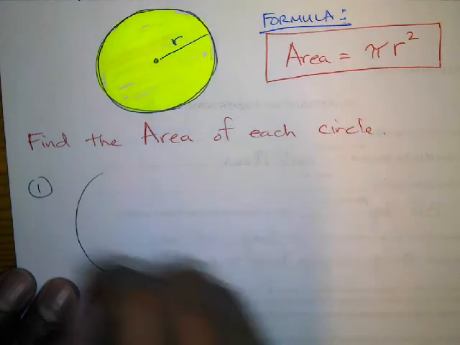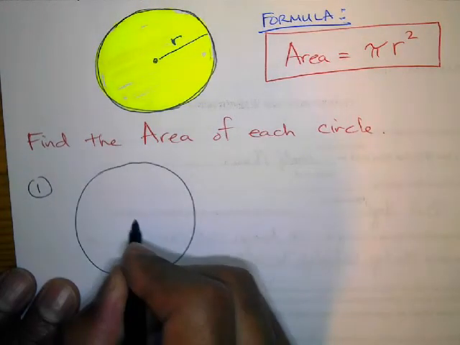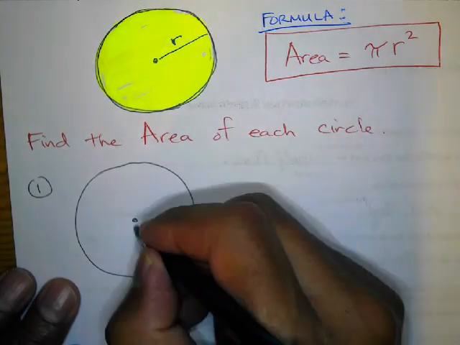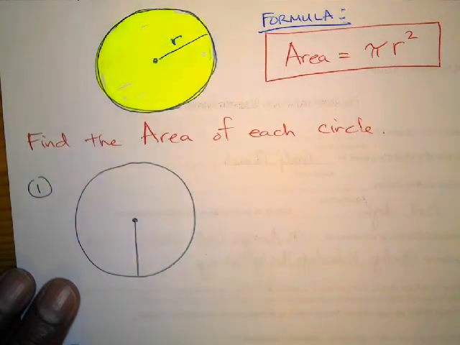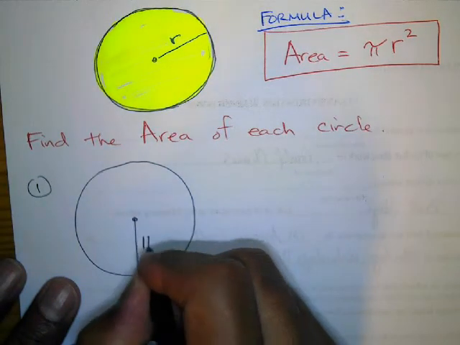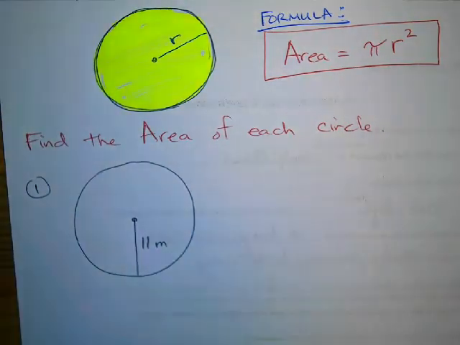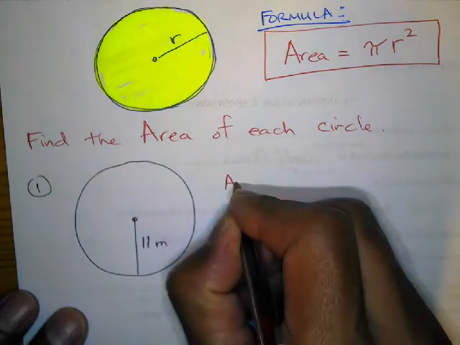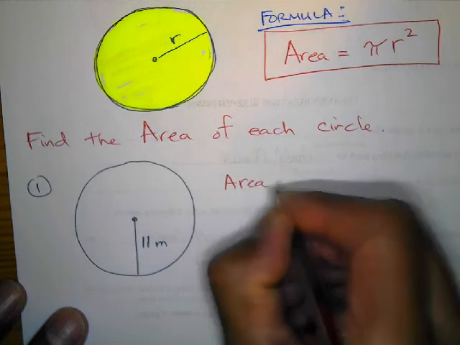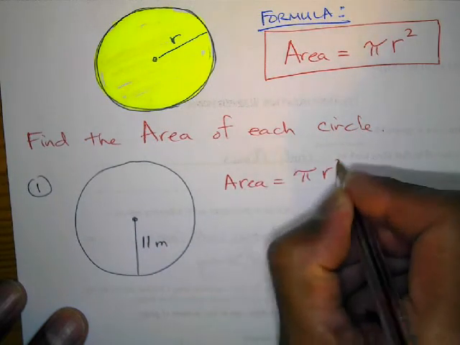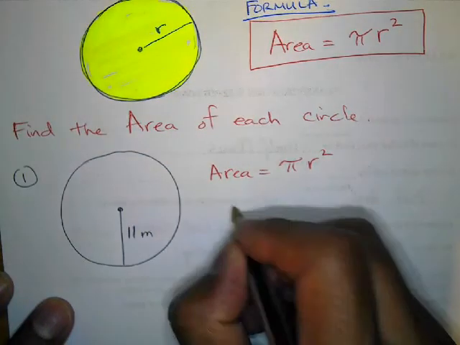Number one. We have a circle. Remember, you can pause it if you take a bit to draw it or copy things down. And this one is 11, I think it's meters. We'll use the units now. We have to use the units because you're going to be squaring that. All right. So the formula was what? Area is equal to pi times r squared.